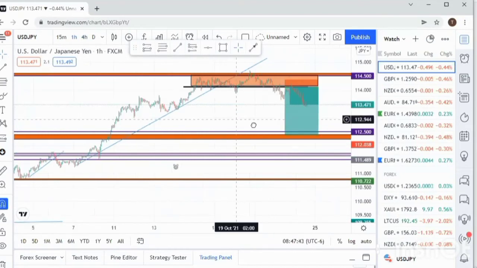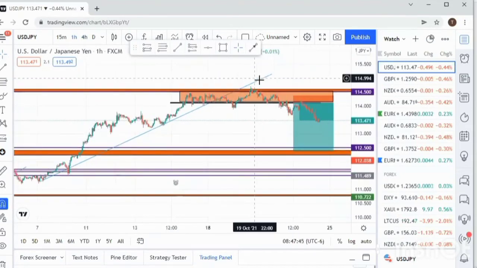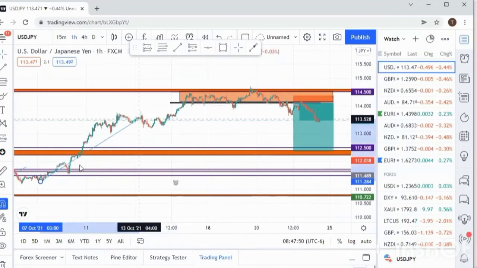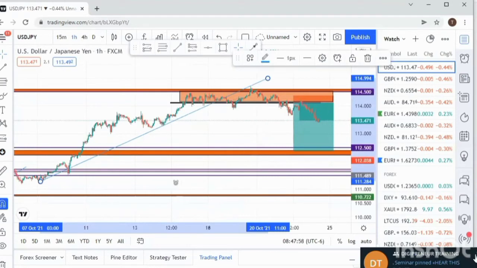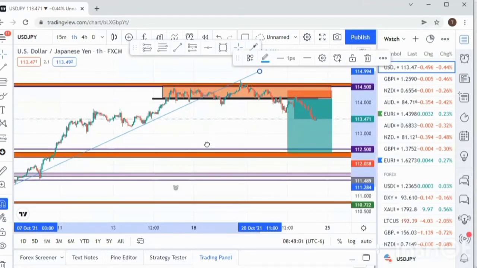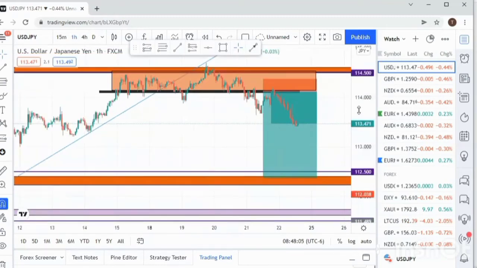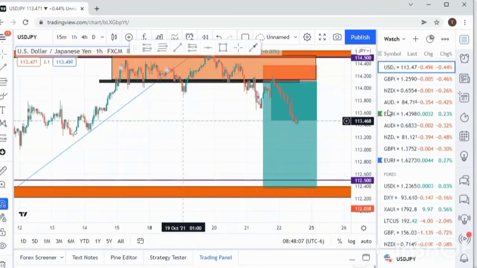If I go to a 1-hour time frame, you can discover a pure trend line that I drew from all the way here to all the way here. Getting to that area, like I told you, I'm waiting for two things: a break of trend line and a break of structure.